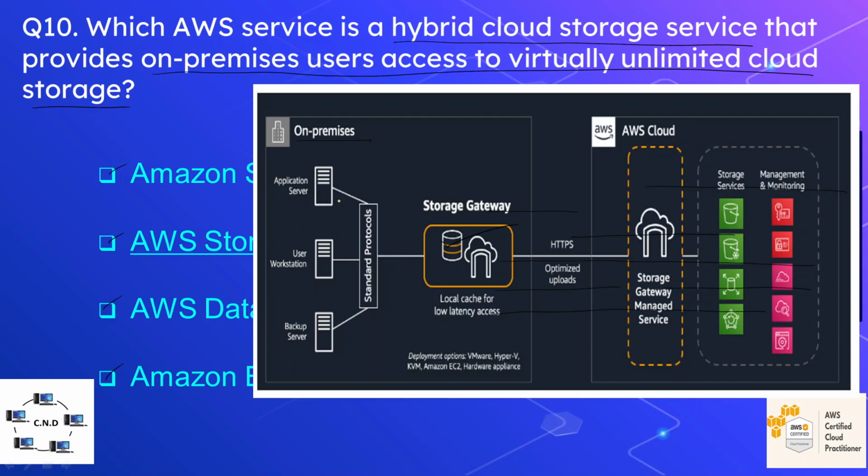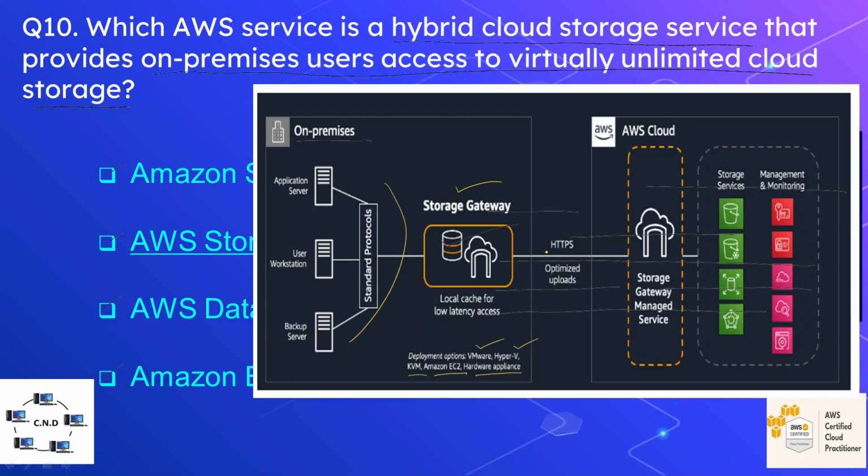If the customer wants to use the cloud storage but keep using the existing applications, he can use the AWS Storage Gateway, and this storage gateway can be deployed in the form of VMware ESXi, Hyper-V, KVM, Amazon EC2, or it can also be a hardware appliance.